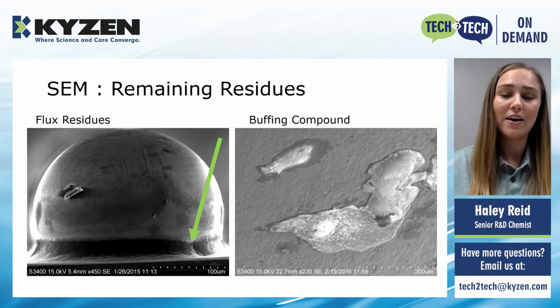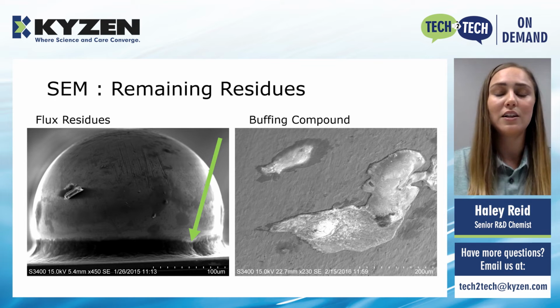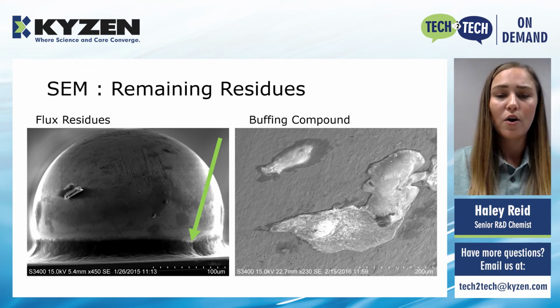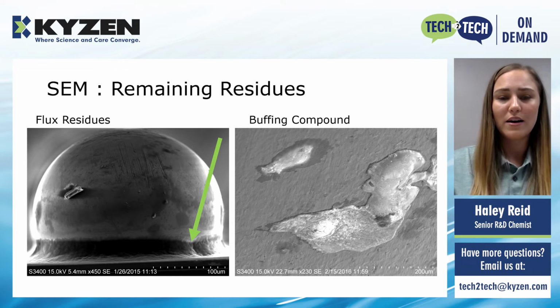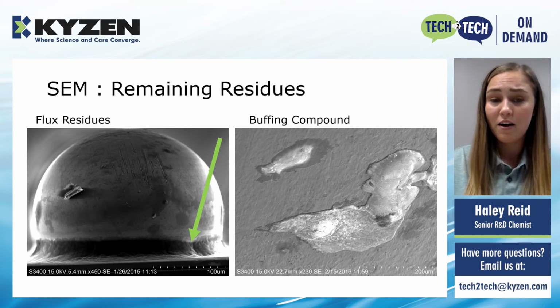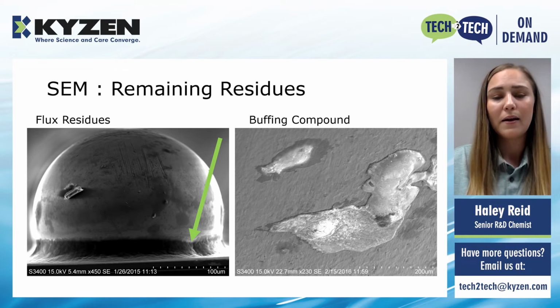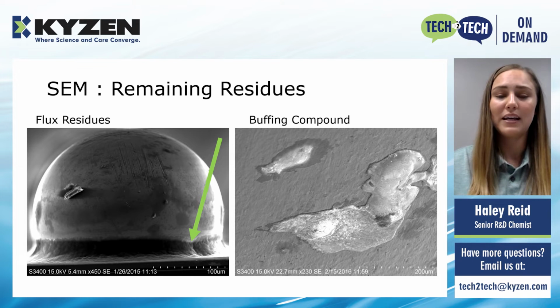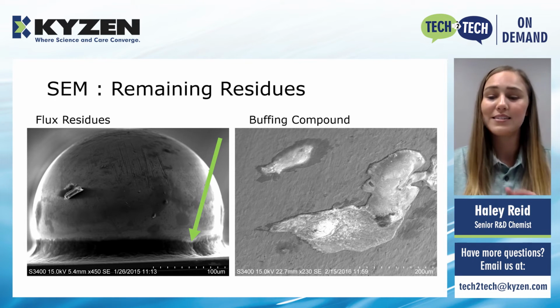That's very easy to see. And on the right side, you can see the clean surface with two residues on them, two big blobs, which actually ended up being buffing compound on this surface, but it just looked like black specks visually. So putting it in an SEM, we could identify what it was and the cause of it, and we were able to remedy this.